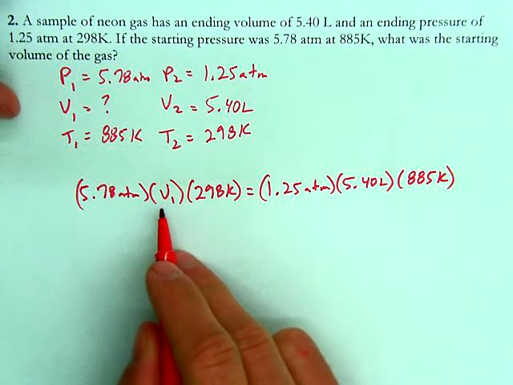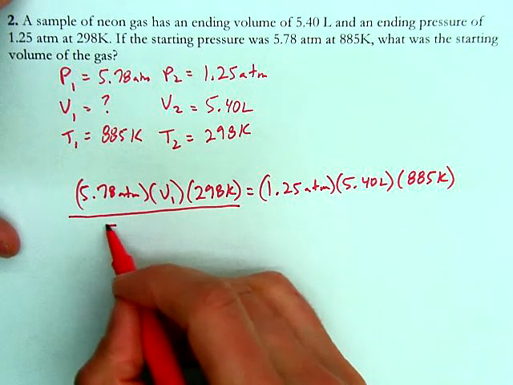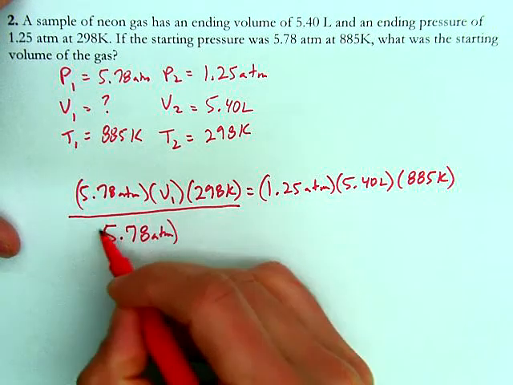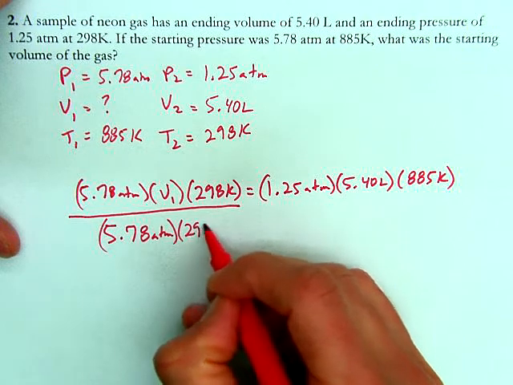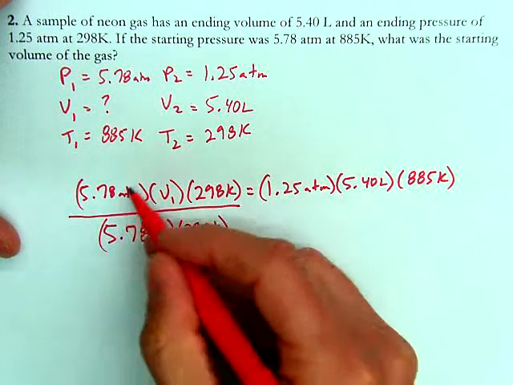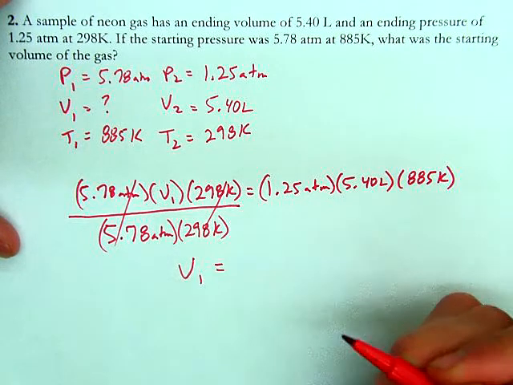We need to get V1 all by itself on one side of the equal sign, so I'm going to divide by the other stuff that's on that side, 5.78 ATM, times 298 Kelvin. That will cancel these out and leave us with just V1 on the left side.